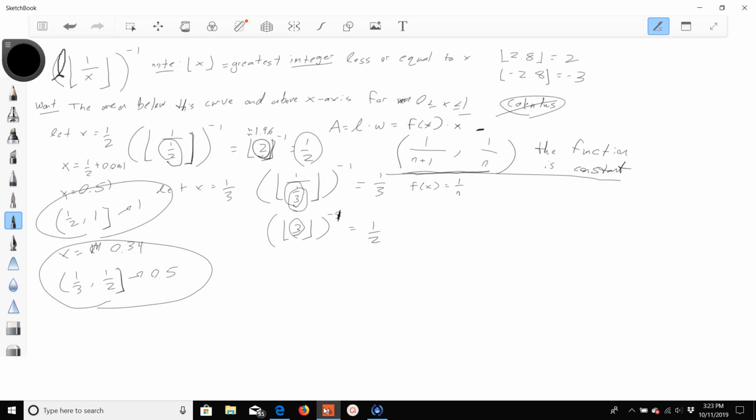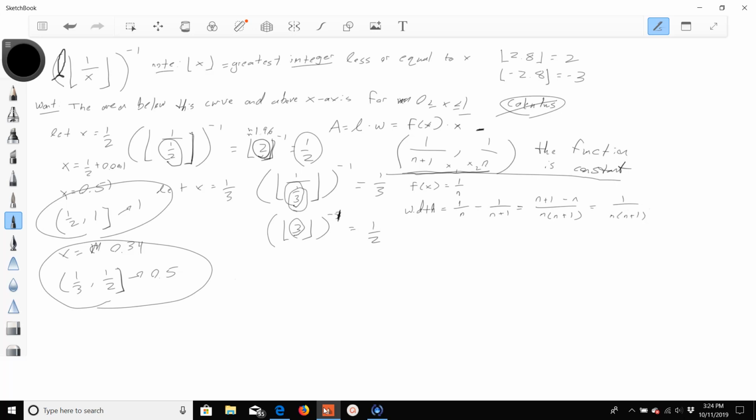And now your width, what is it? Well, it's the distance between two x values, 1 over n minus 1 over n plus 1, right? This x sub 2 minus this x sub 1. And when we put these over one denominator, we're going to get n plus 1 minus n over n times n plus 1, otherwise known as 1 over n times n plus 1.